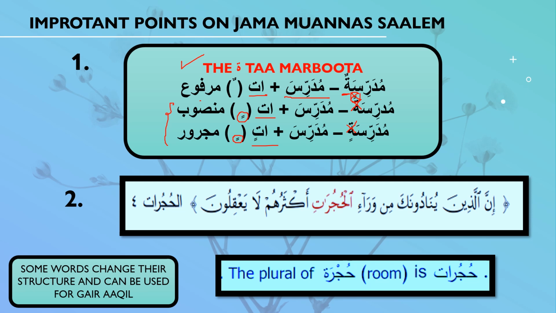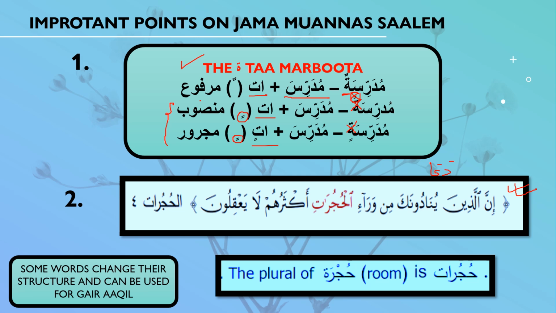So let's check the example from the Quran. Innal ladhina yunadunaka min wara'il hujurati. So, innal ladhina yunadunaka. Indeed, those will call you from. Yunadu means to call. It is coming from the verb da'a. Da'a means to call or to invite.